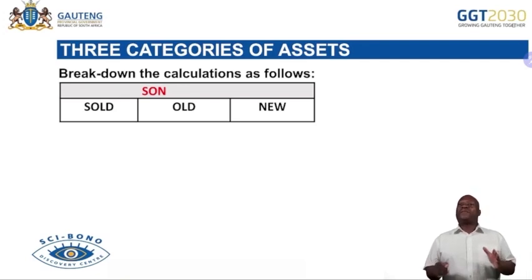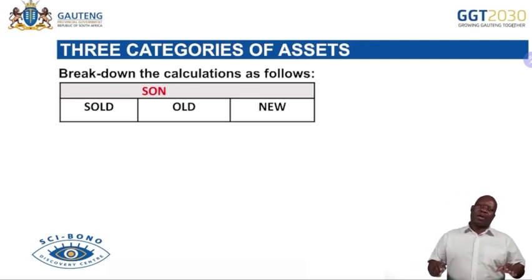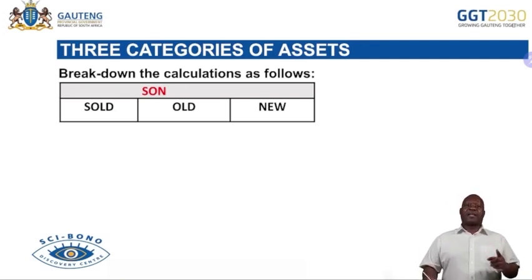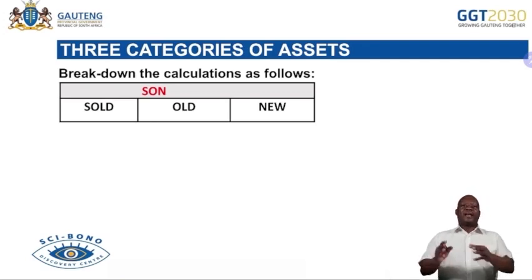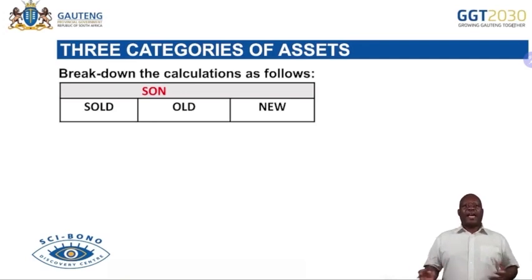Now we have 3 categories. And for us to calculate depreciation accurately, remember guys, we need to separate the old from the new and from the disposed. Don't try tricks and try to calculate it combined. You are not going to win.